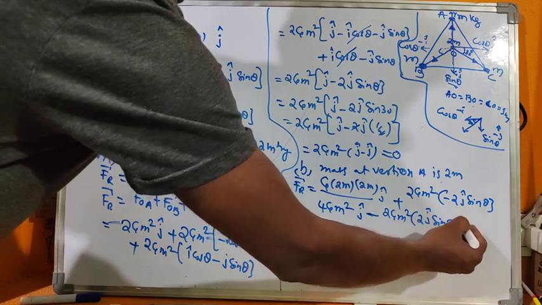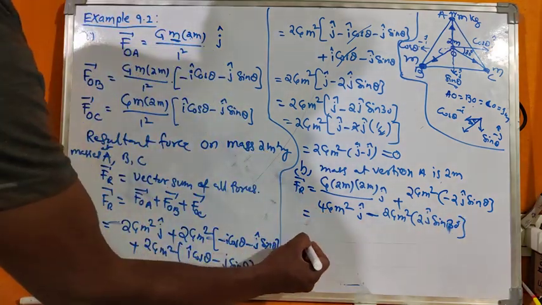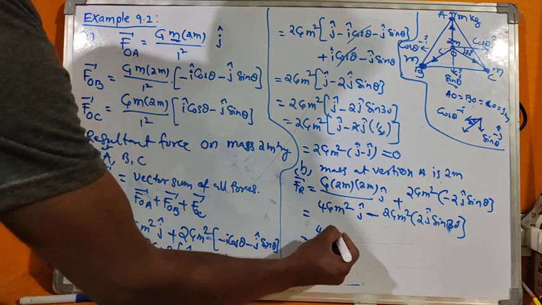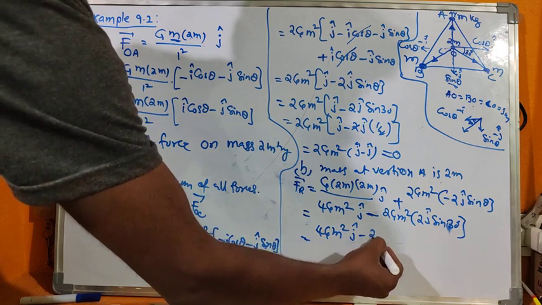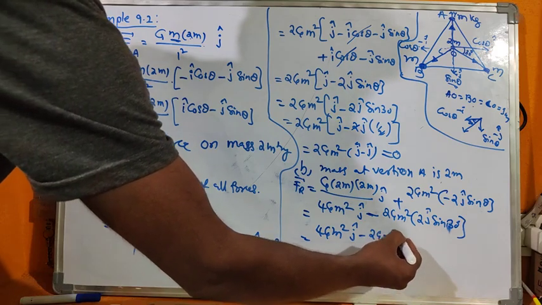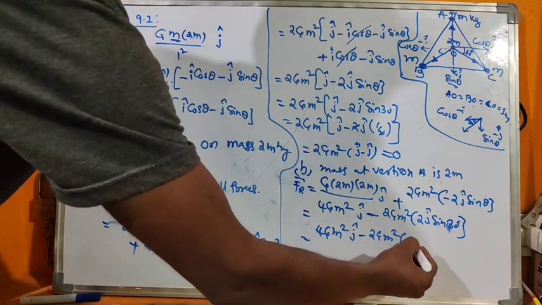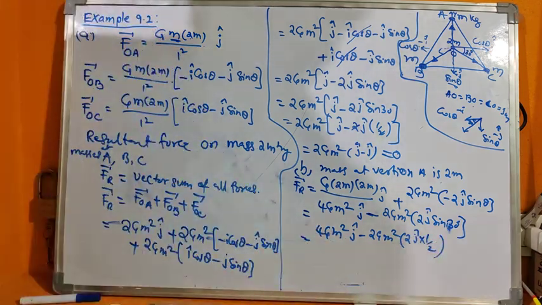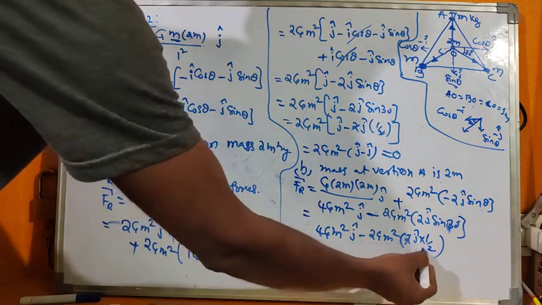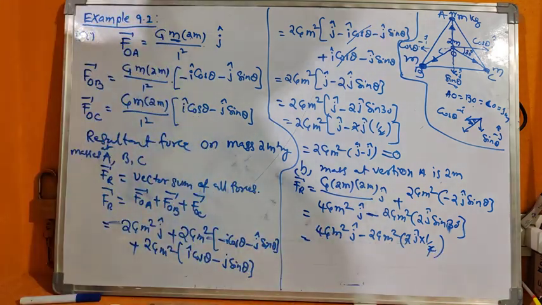Theta is equal to 30 degrees, so that is 4G m square j cap minus 2G m square times 2j cap into 1 by 2, since sine 30 is 1 by 2. The 2 and 1 by 2 cancel.